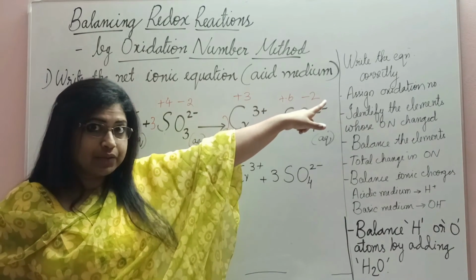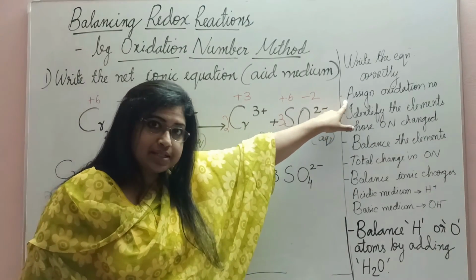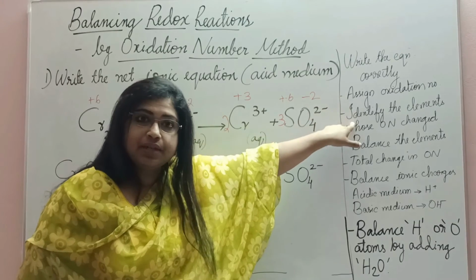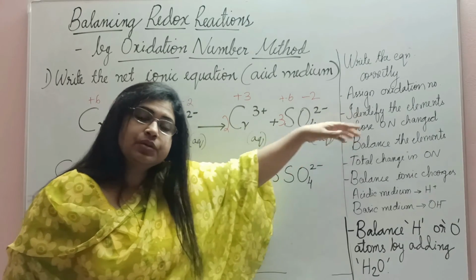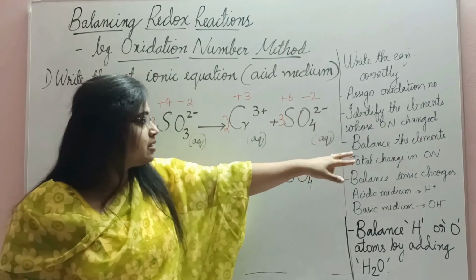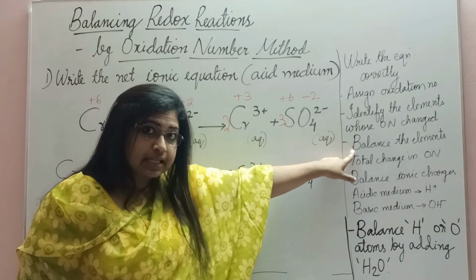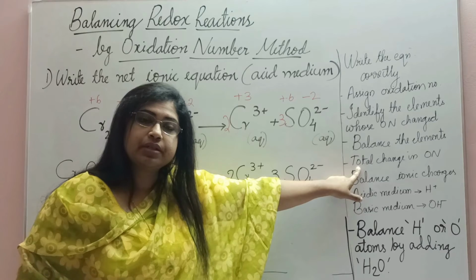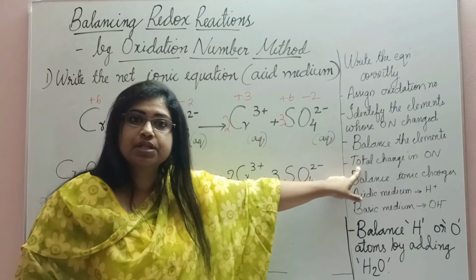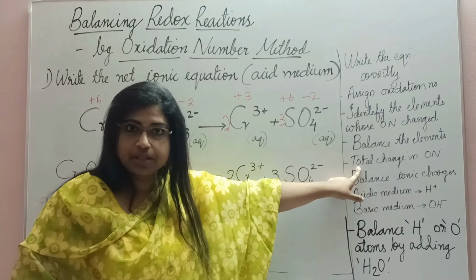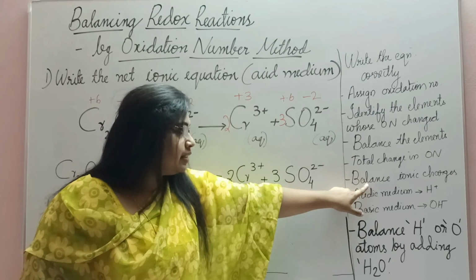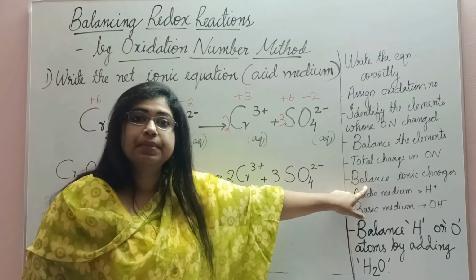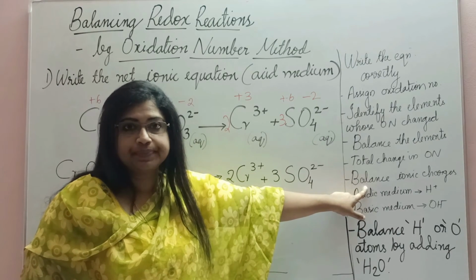First we have to write the equation correctly. We assign oxidation numbers. We identify the elements whose oxidation number changes, and then we balance those elements. Then we calculate the total change, the decrease or increase, in the oxidation number of the elements whose oxidation number changes. And then the next step is to balance the ionic charges.